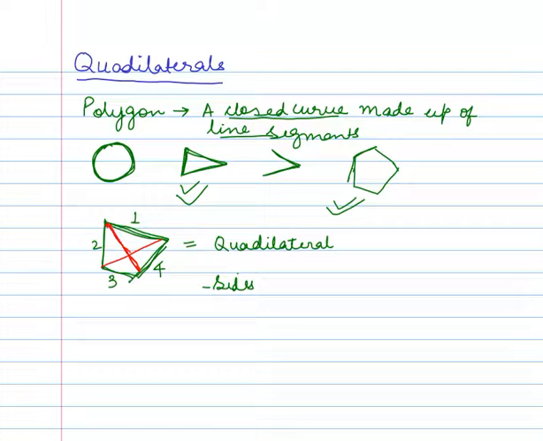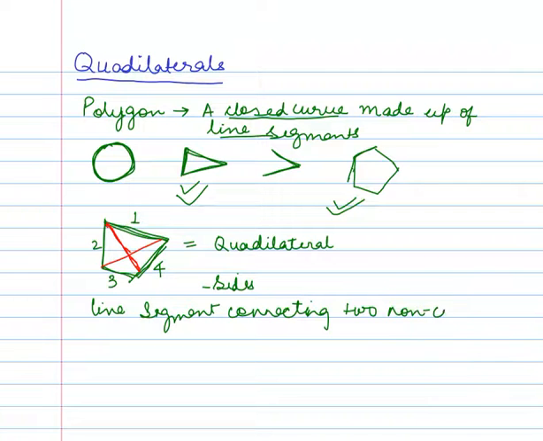This is a diagonal. So what is a diagonal? A diagonal is a line segment connecting two non-consecutive sides of a polygon.